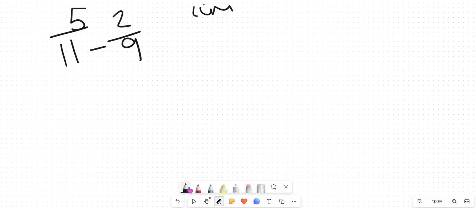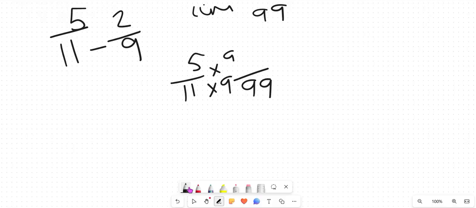For my next one, I'm going to subtract two fractions with unlike denominators. And the numerator and denominator can't be 0. It can't be 1, and the denominator can't be 0. 5 over 11 minus 2 over 9. I'm going to find the least common multiple of 11 and 9, which is 99. 11 times 9 is 99. So for our first fraction, we multiply by 9, because 11 times 9 is 99.